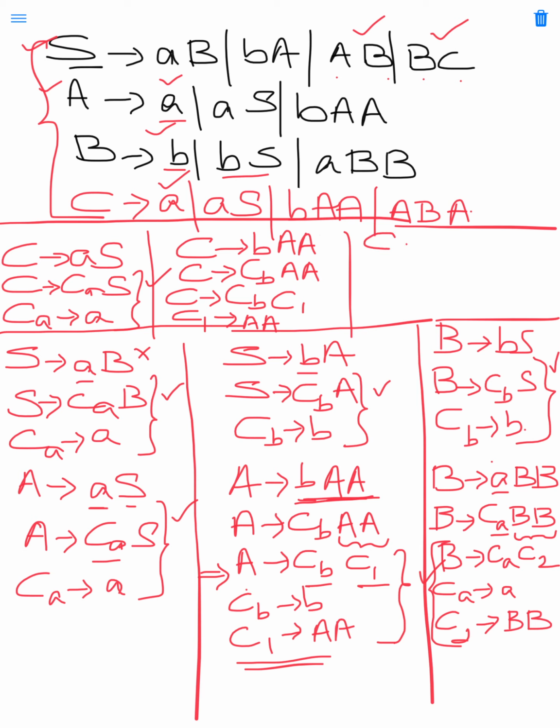Then C gives aBA. Here again 3 symbols are there. Keep the first non-terminal as such, group the remaining non-terminals into a new non-terminal. So it is BA, so you can give it like C3, where C3 is BA.